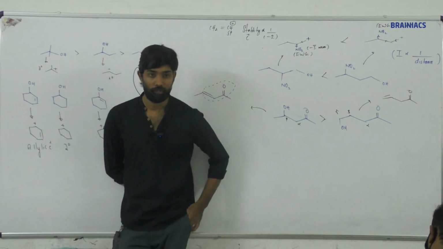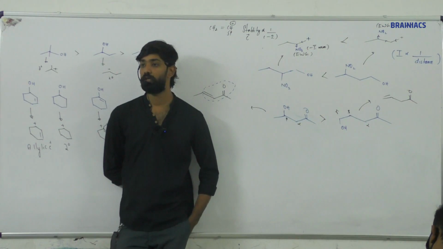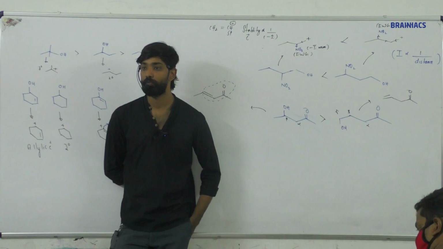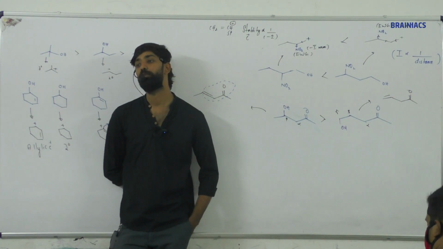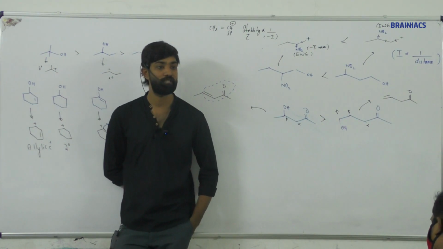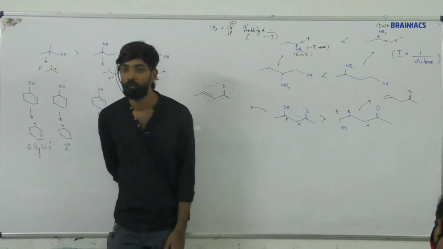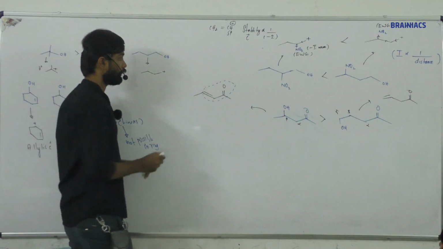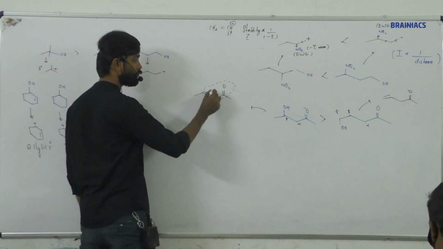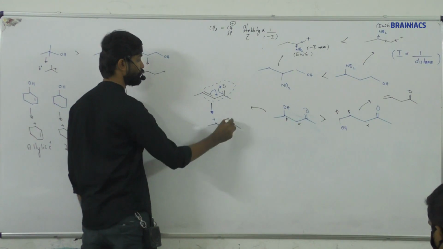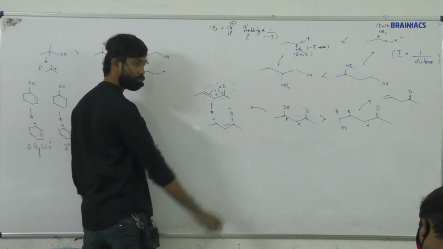Beta hydroxy ketones have greater tendency for dehydration because the formed CC double bond will be in conjugation with the CO bond. You know that there is a resonance, where this bond jumps to here, this to here, and forms a plus and O minus like this.